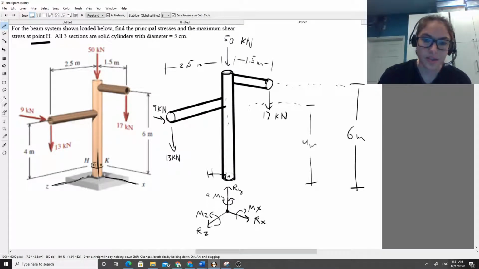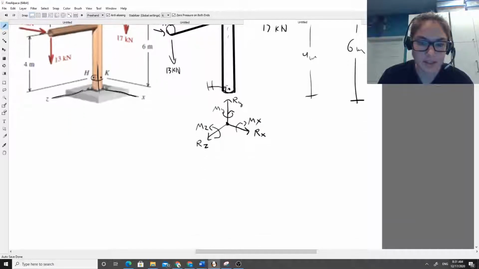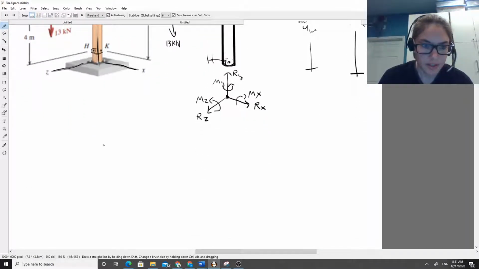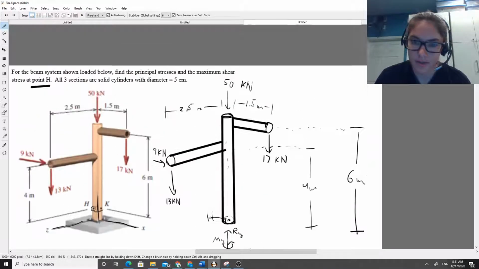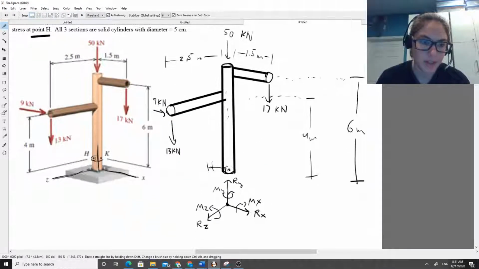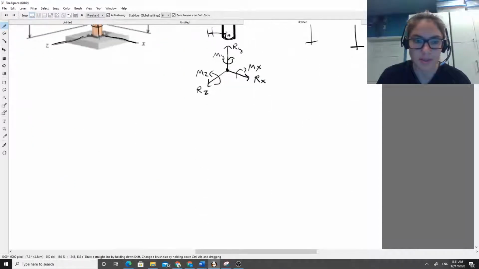Okay, so now that we have that, all we have to do is solve this like it's a statics problem. So all we have to do is find the force and moment at this cut plane that is created by each of these forces. To do that, I'm going to set this up.